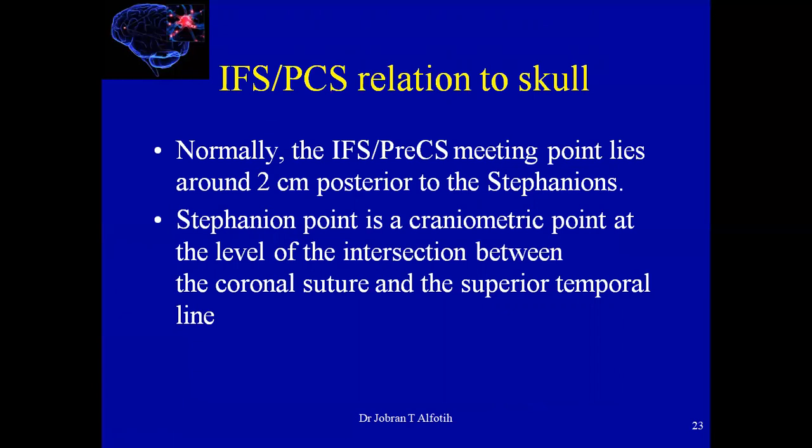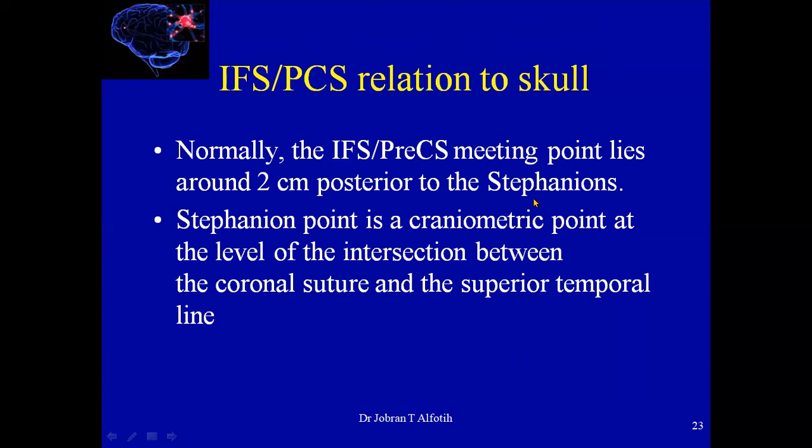Sorry, how do we find the inferior frontal sulcus and precentral sulcus relation to the skull? We will first find what's called the Stephanion. Stephanion is a craniometric point at the intersection between the coronal suture and the superior temporal line.